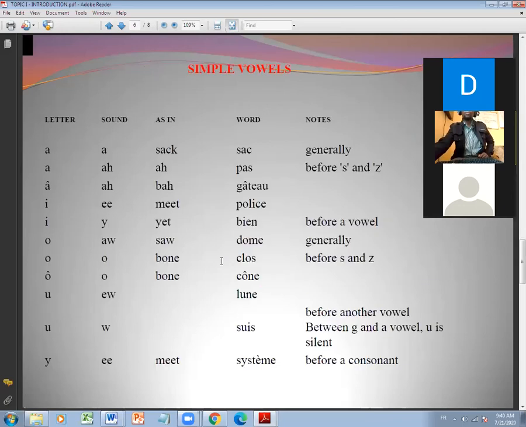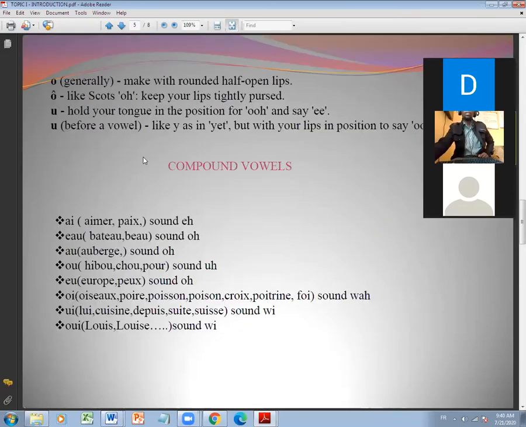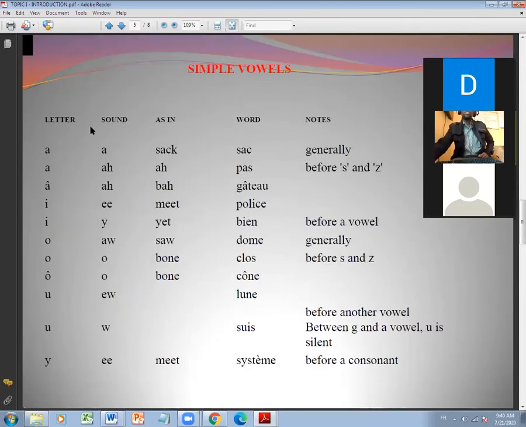So we have got the French vowels, okay? So you can see the French vowels as I said. So we say a, the sound is a. This is still a, okay? With that accent it is still a. Then you say ba, like gato.